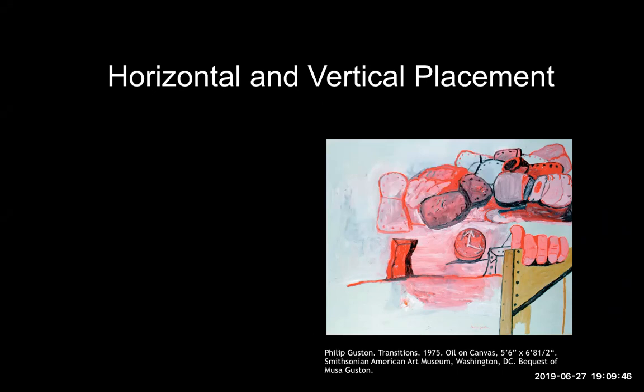So the whole feeling of this painting is one of something's happening that probably isn't super comfortable. And so that's the way that the artist has used this idea of balance or lack of balance to convey an emotion or a feeling.